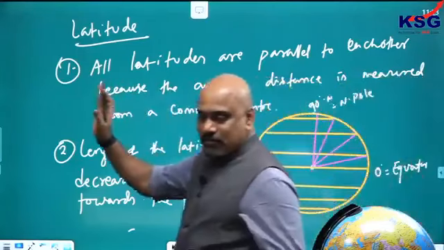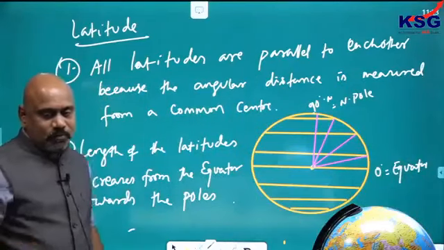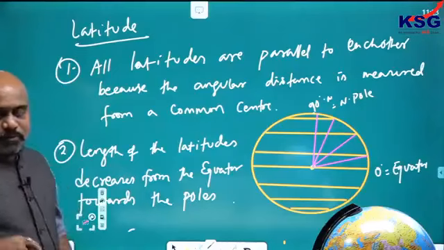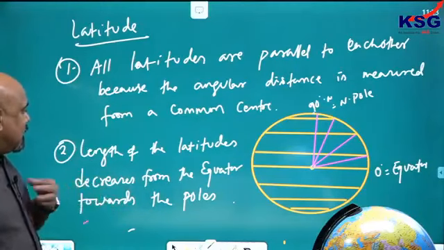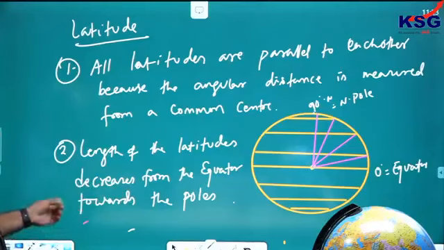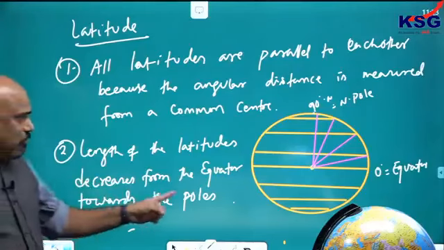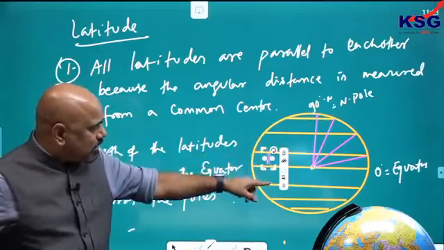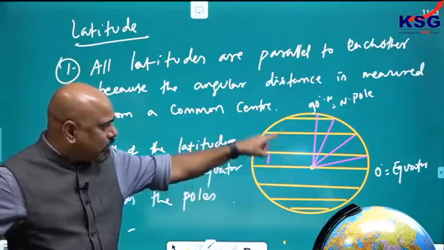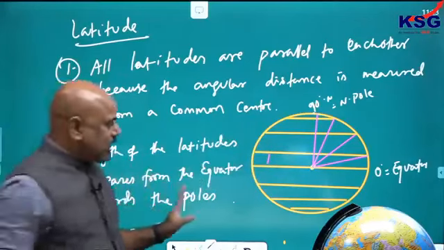Is it clear, my dear? And the length of the latitudes decreases from the equator towards the poles. That is the second point. You see the length of the latitude is decreasing from the equator toward the poles. I hope it is clear now.